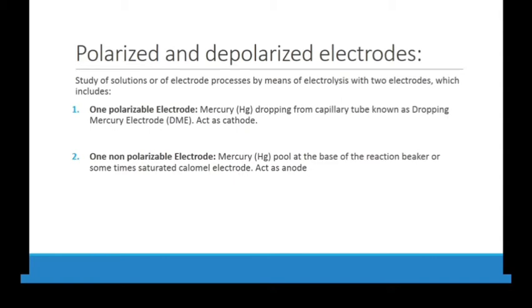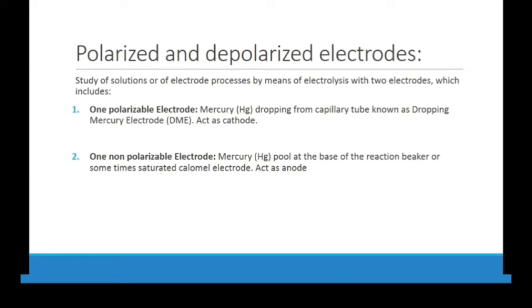There are two electrodes, one polarizable and one non-polarizable. Mercury dropping from a capillary tube, known as the dropping mercury electrode, acts as the cathode where the reaction takes place. In polarography, only one electrode is polarizable, and the other one, the mercury pool at the base of the reaction beaker or sometimes a saturated calomel electrode, acts as the anode. There is no reaction taking place at the anode.